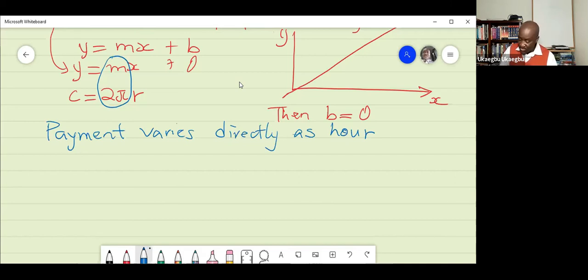You see, so income tax, you can say tax varies as income. That's where you start. It means tax is equal to a constant multiplied by income. So if, for example, let's see, hold on.